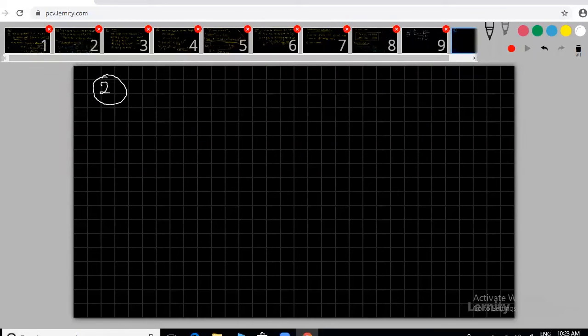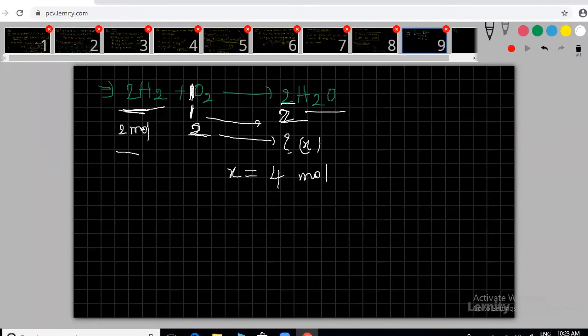Someone is asking why, sir, 2 moles of hydrogen gives 2 moles of water. Are you able to see the question? In the balancing equation, how many moles of hydrogen are there here? 2. How many moles of water? 2. I'm solving only according to the balancing equation. I'm not giving anything new.